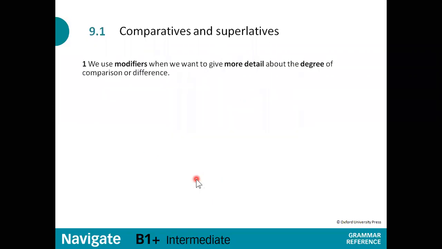And next page. So we use modifiers when we want to give more detail about the degree of comparison or difference. So modifiers are really important. So she is much more talkative than her sister. Here you can see more talkative. Talkative is an adjective. More talkative is a simple comparison. But when you want to modify what you mean, you can use much before the comparative adjective.